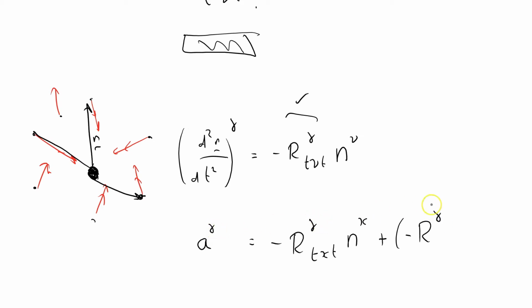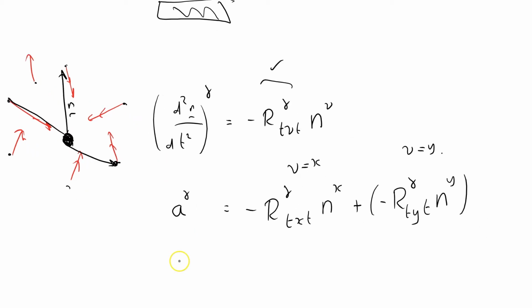Gamma matches that gamma there. We've got a t, y, t, n, y. So this one here is the nu equals x, and this one here is nu equals y. And we're summing over nu.